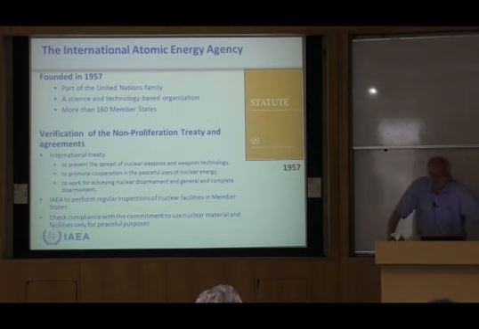To understand the role of the IAEA, I think you have to know what the reasons for its foundation were. A key element of the IAEA is the verification of the Non-Proliferation Treaty and Agreement.